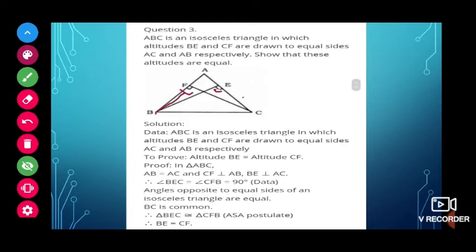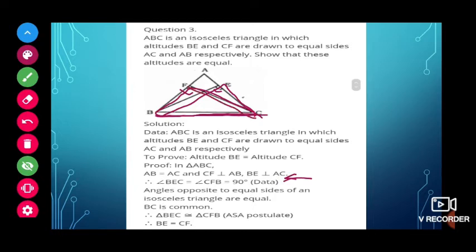Because angle BFC is equal to angle CEB. Because it is an altitude, it will automatically make 90 degrees, so both the angles are equal. And the common side, that is BC, is also equal. And AB is equal to AC.